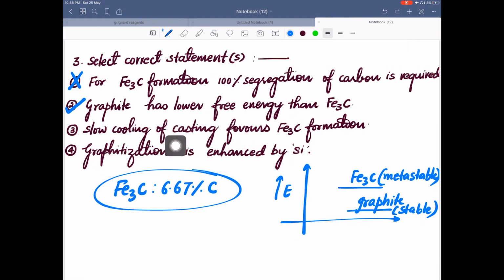Next, slow cooling of casting favors Fe3C formation. So let's see. They are asking slow cooling of casting favors Fe3C formation.